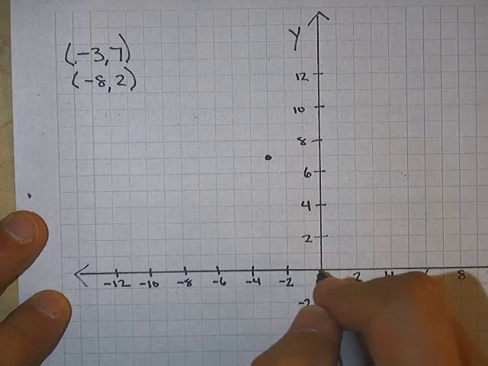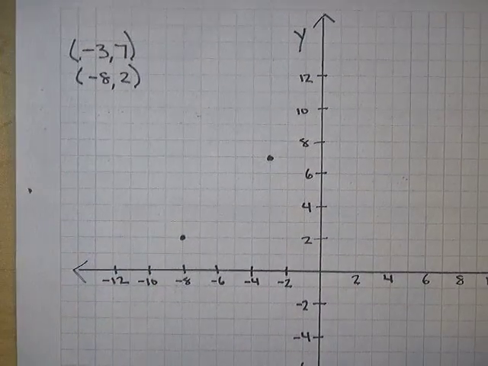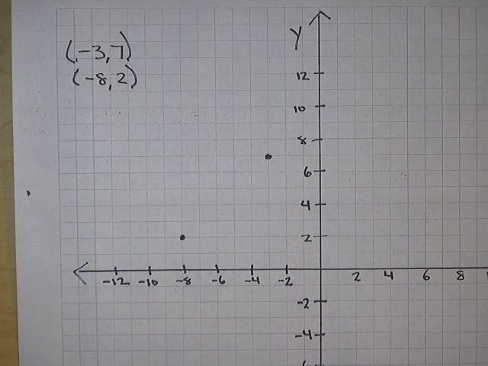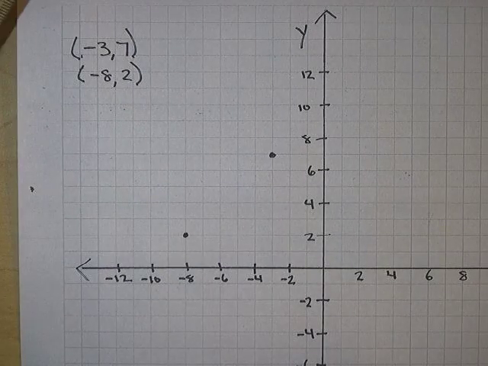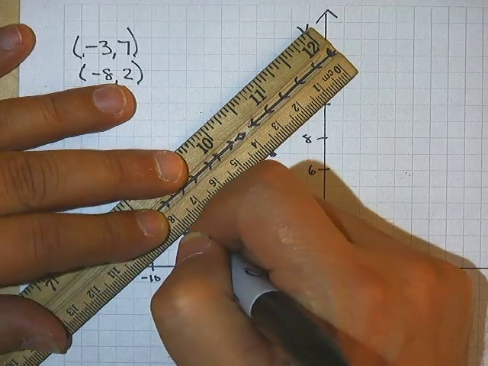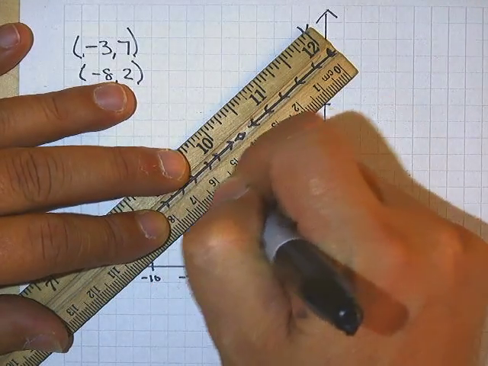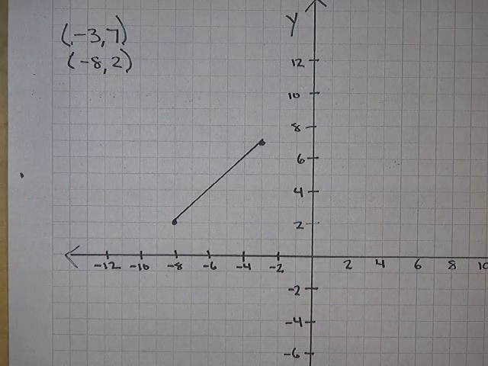So I just gave you 2 coordinates. Let's plot those 2 coordinates, okay? Negative 3, 7. Negative 8, 2. Okay, so your 2 dots should look just like that. Can you go ahead and connect those with a straight line?